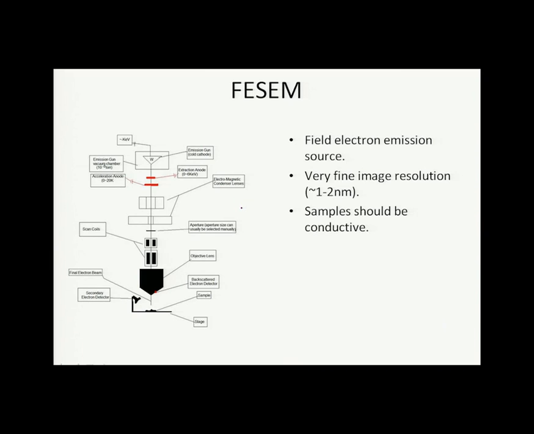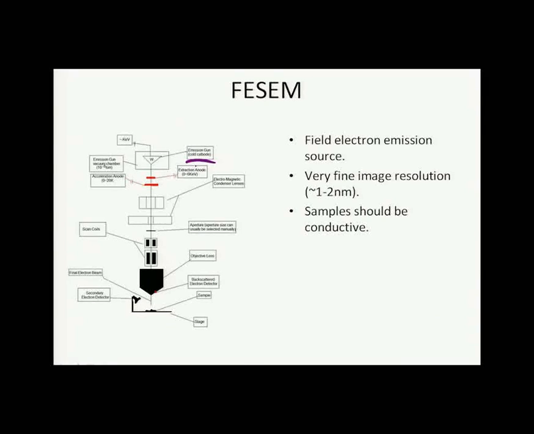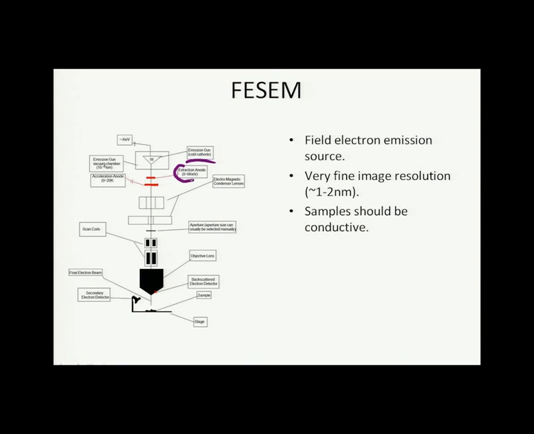If we look at our diagram on the left, we see everything is basically exactly the same as a typical SEM. Some major differences are obviously the cold cathode and the extraction anode. Everything else is primarily the same.